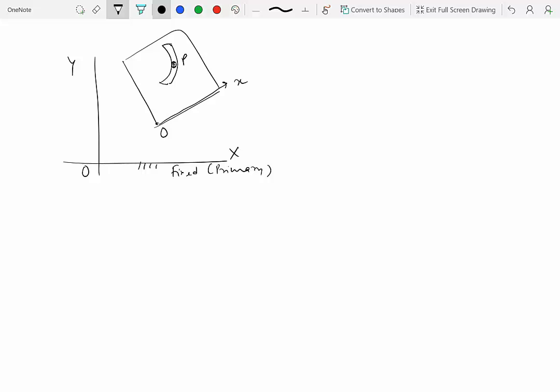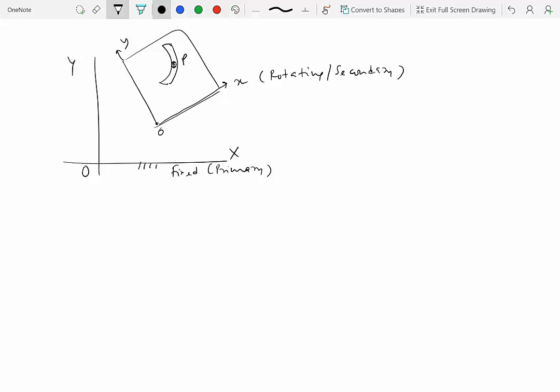We'll call it small o, small x, and a small y, okay. So, I know this doesn't look really small, so I'm going to just make it a little bit smaller. Okay, it's a small o, x, y. So this is our rotating or secondary reference frame. All right.